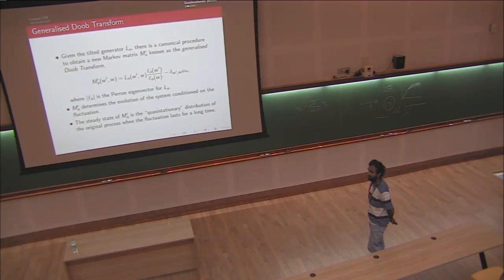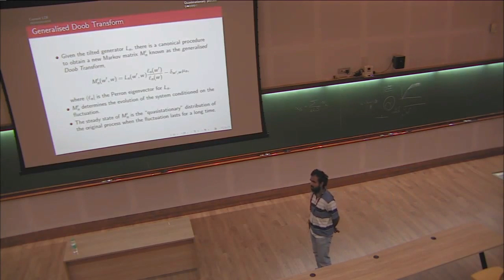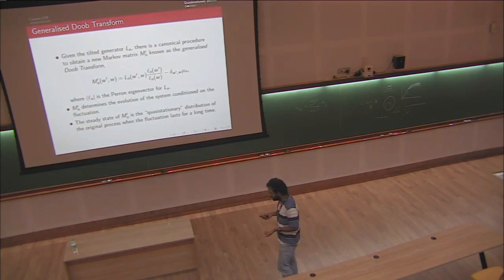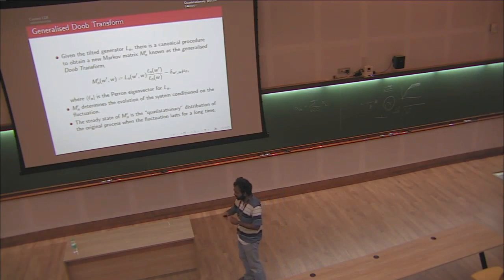What's the motivation? This is basically making the conditioning more probable. No, so I think this line maybe explains it. Suppose you observe currents over long time observations.